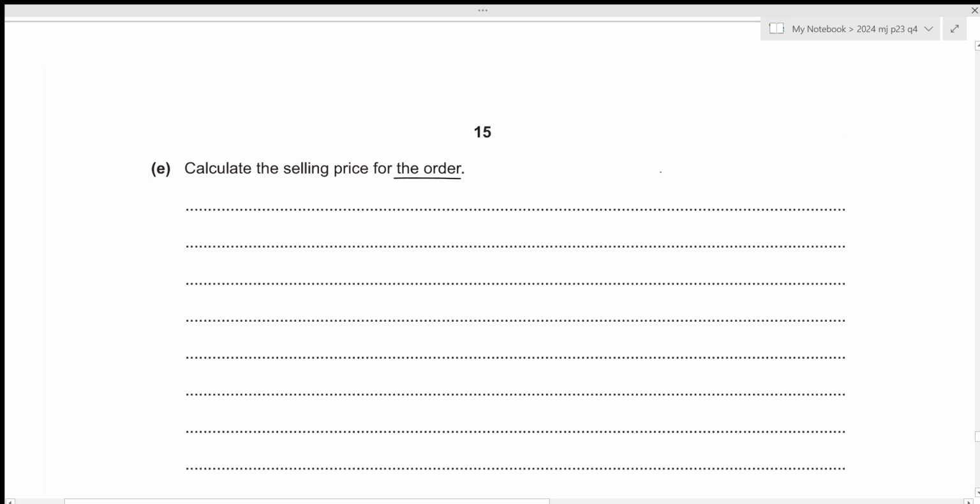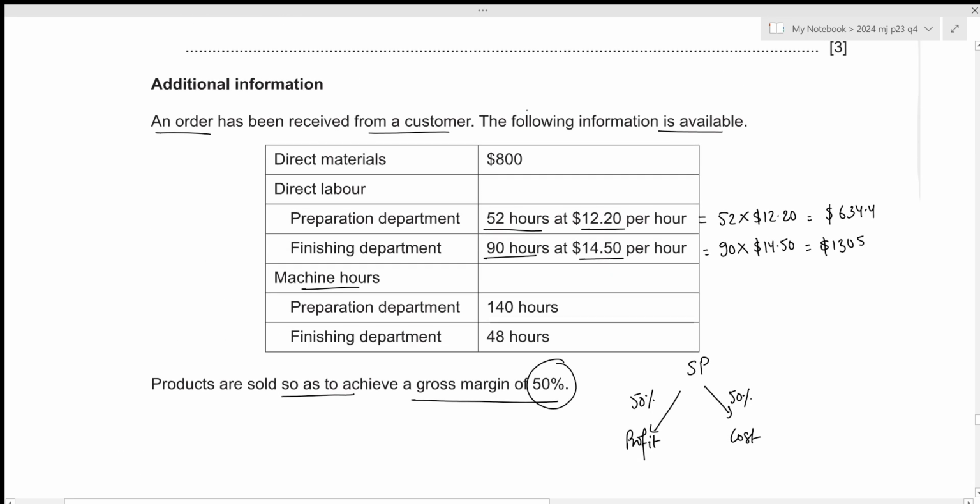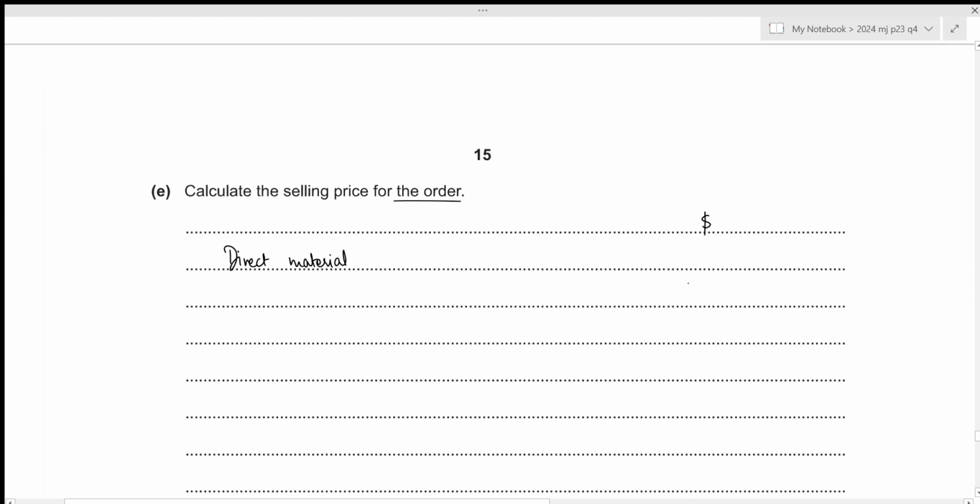In order to do so, let us first calculate our cost. So we can start with the direct material, which was given above. That is just going to be 800. Then we can write down our direct labor as well. We've already calculated it before for the preparation department and the finishing department. Okay.